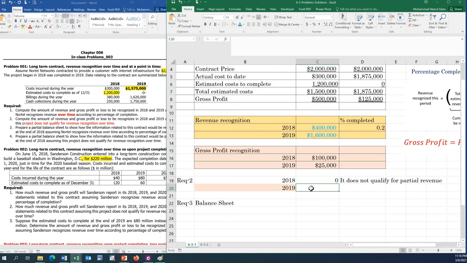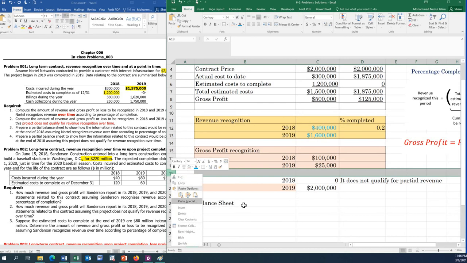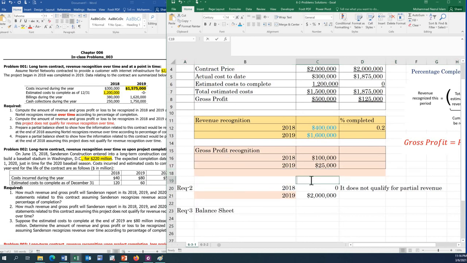So the amount of revenue would be this amount, and the gross profit would be equal to this 2 million.